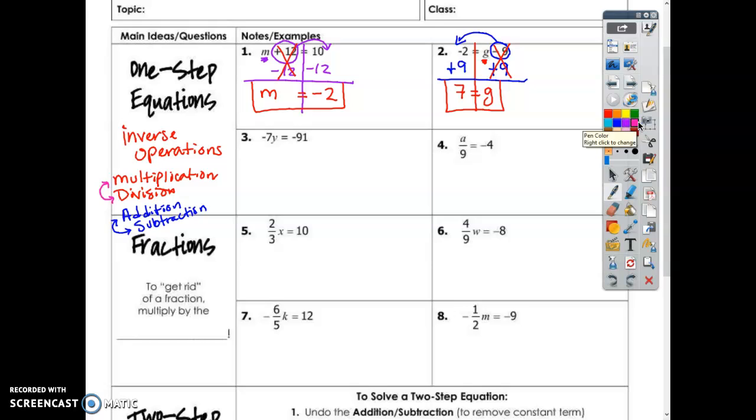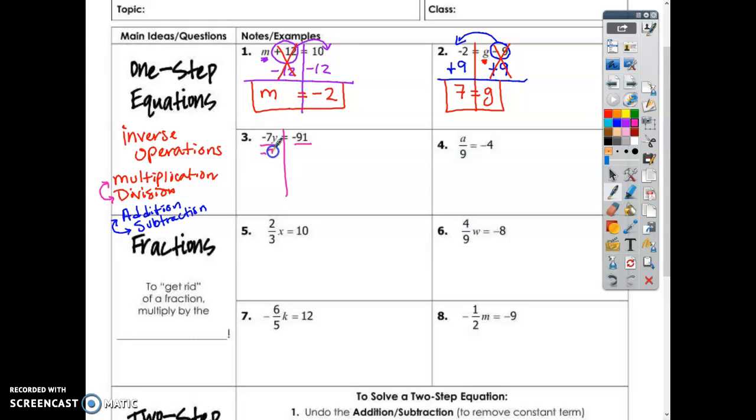Problem number 3. Draw the line. When you have a number and a letter together, that's multiplication. Se están multiplicando. Okay? So the opposite of multiplication is division. So I'm going to divide both sides. That line means to divide by that number.